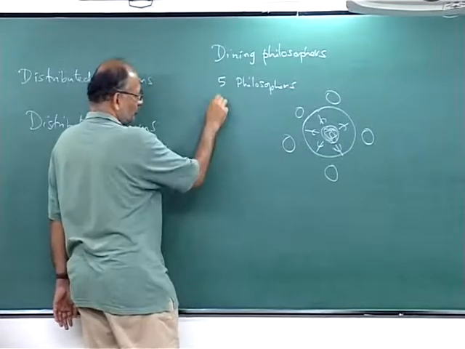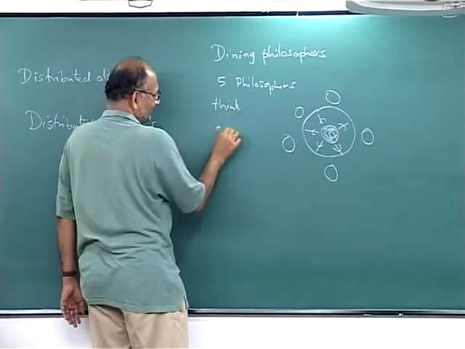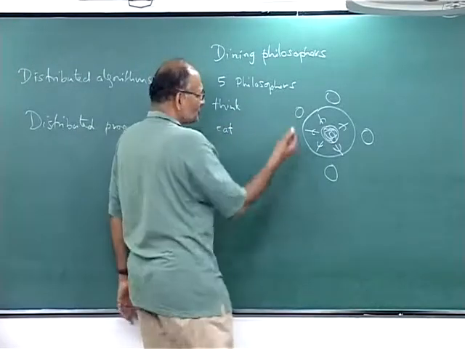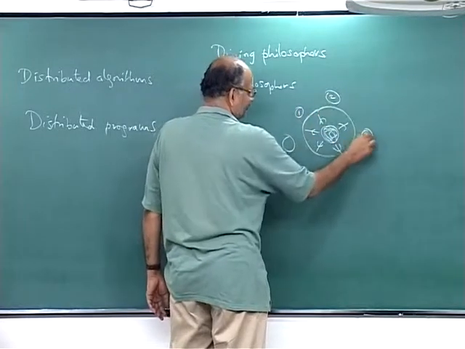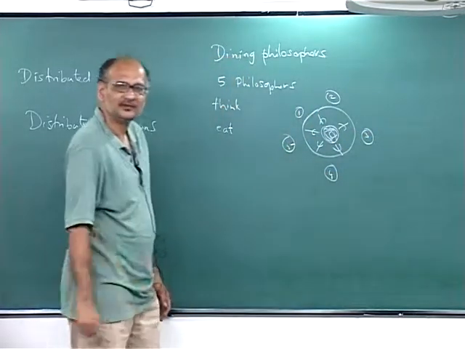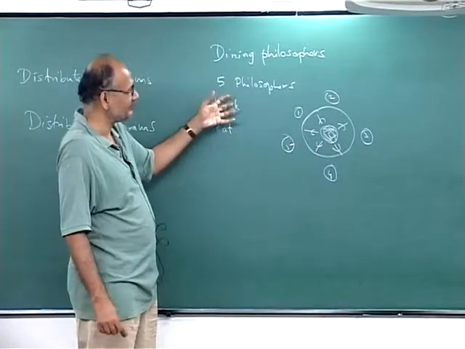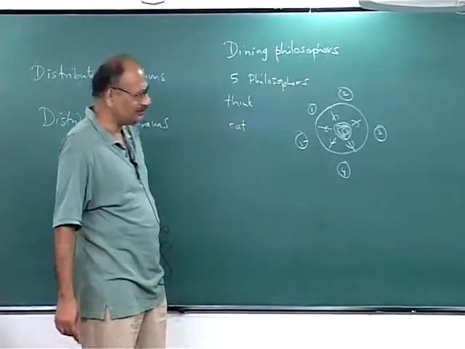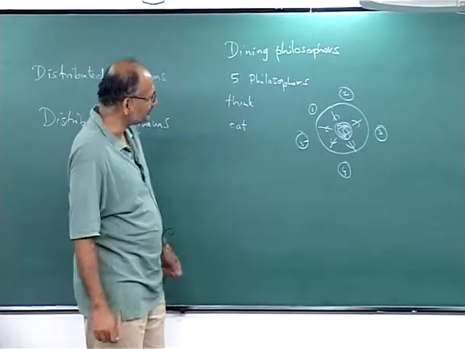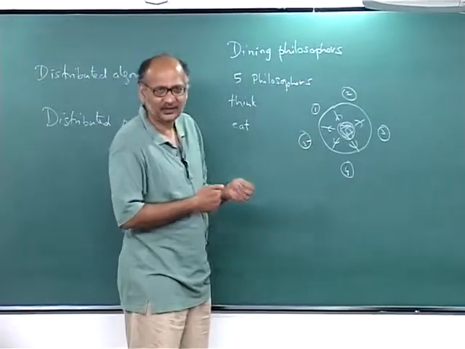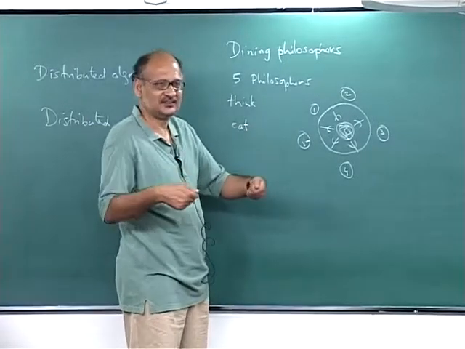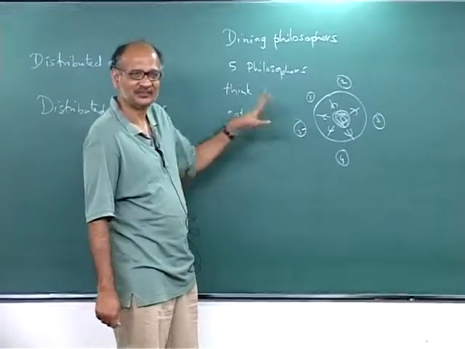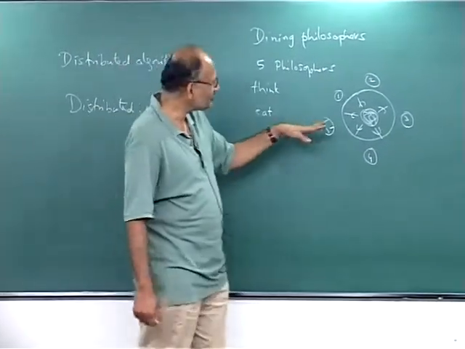Being good philosophers, they spend their time thinking and sometimes eating, and each of them has a fixed place, numbered 1, 2, 3, 4, 5. The philosopher will be thinking, and when the philosopher wants to eat, he or she will come here, eat and go away. The only problem is that eating the noodles requires using both forks, so the philosopher has to pick up both forks and then eat.